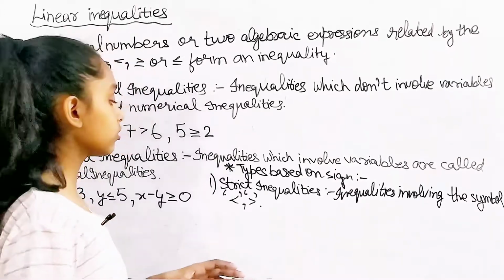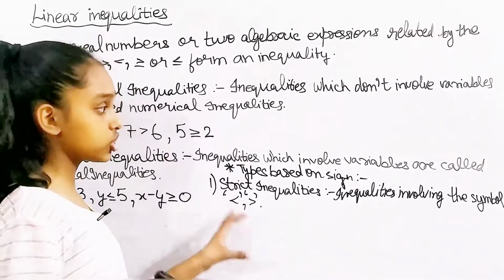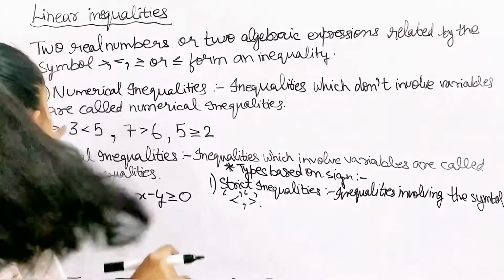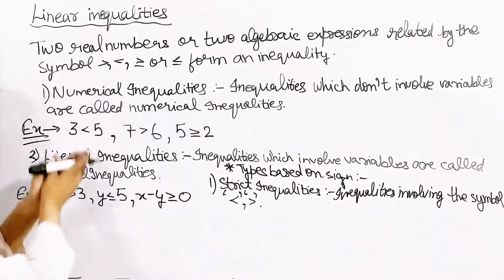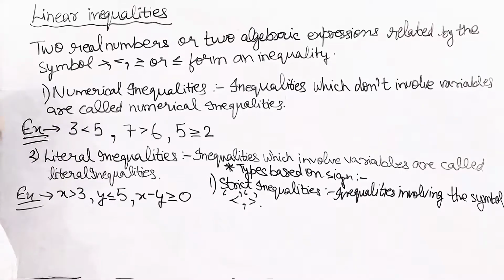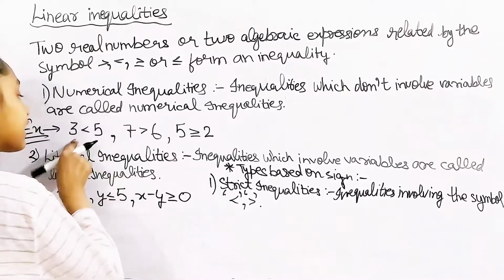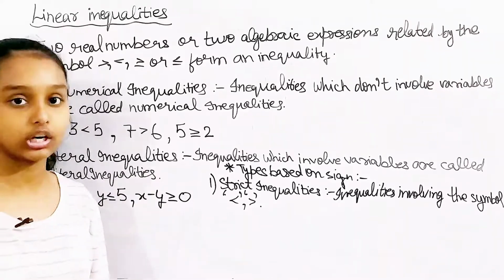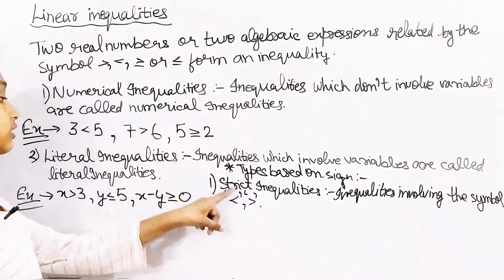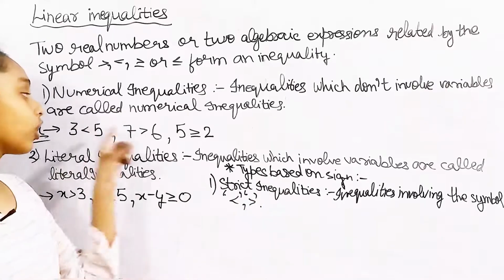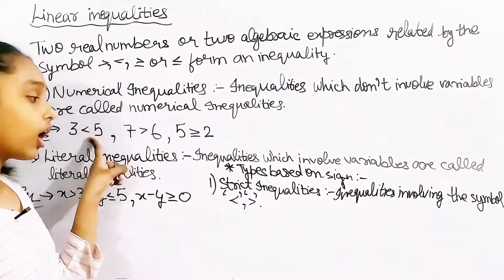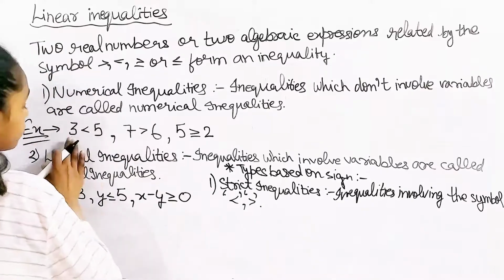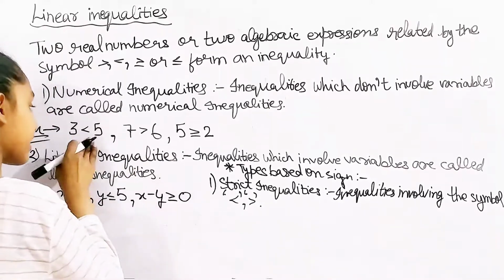This means, if I'm going to say that 3 is less than 5, it is so in any condition, because I've used the strict inequality symbol here.